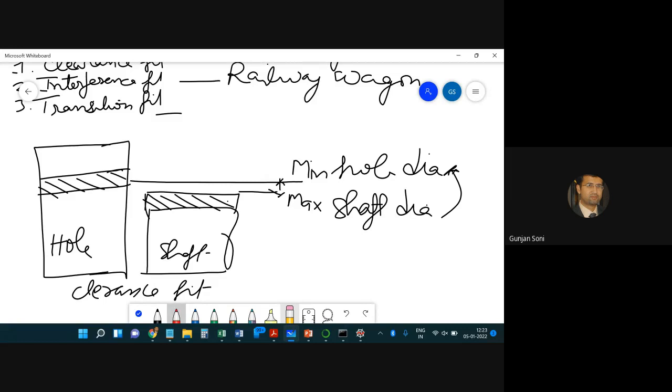These red lines are indicating maximum clearance, and minimum clearance is indicated by this one. This is your minimum clearance.